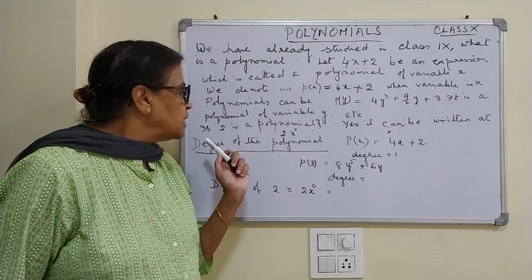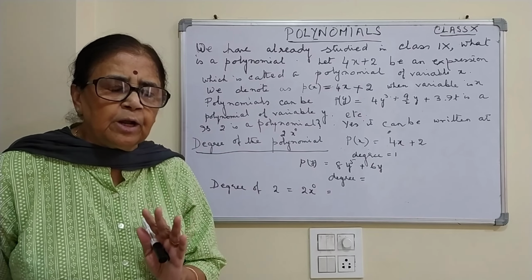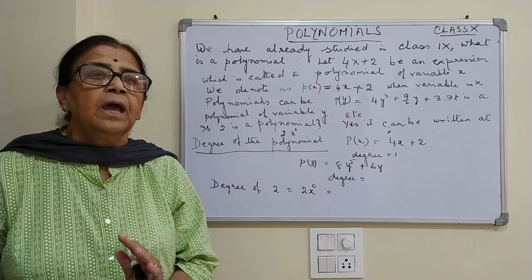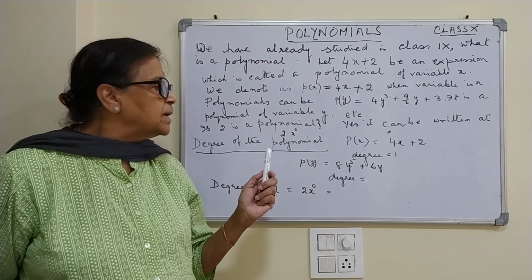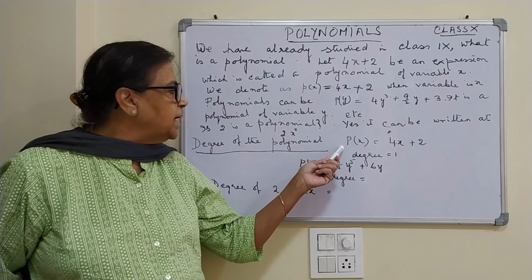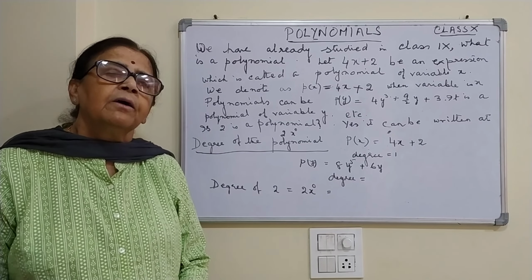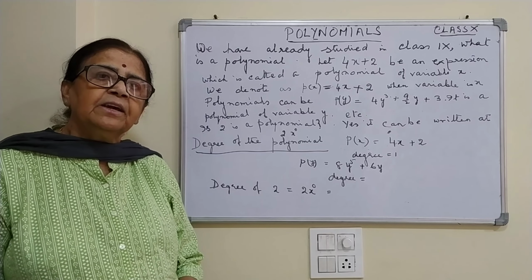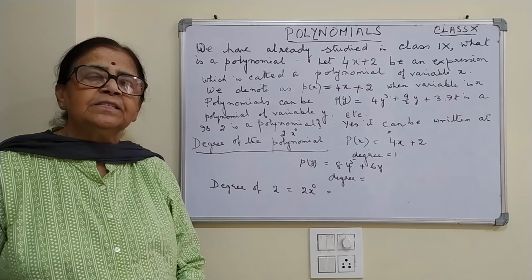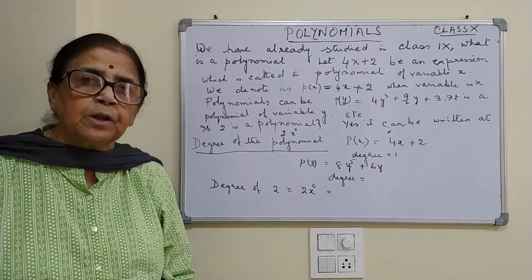Now we find out the degree of a polynomial. Suppose p of x is equal to 4x plus 2. Which is the variable here? Variable is x. The degree of the polynomial is the highest power of the variable.